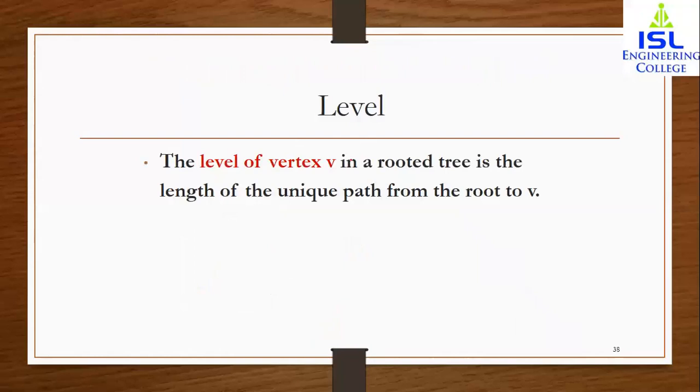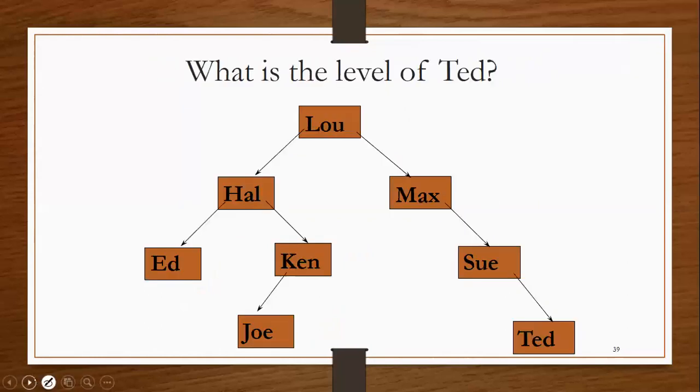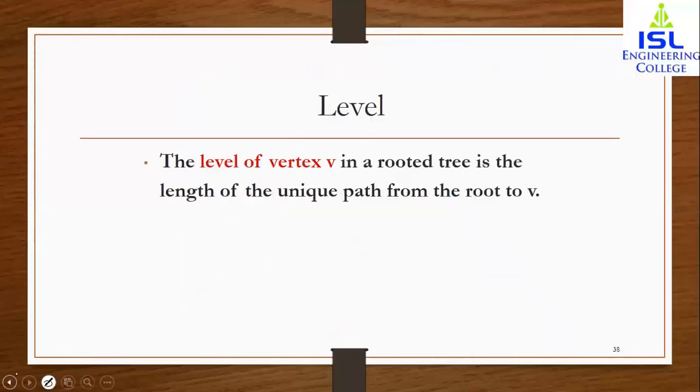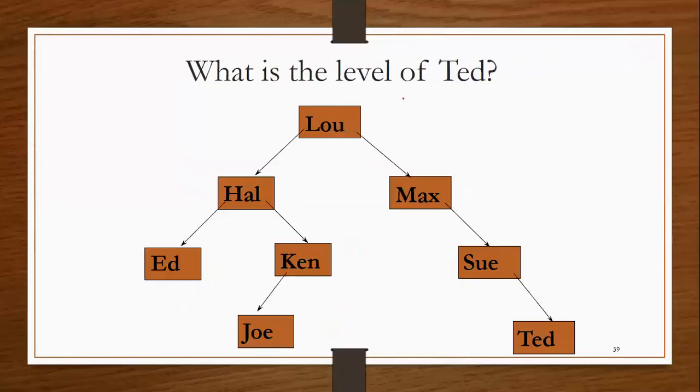Now next, level. The level of a vertex V in a rooted tree is the length of the unique path from the root to V. So what does this mean? What is the level of Ted? The root will be level 0, then level 1, level 2, and level 3.